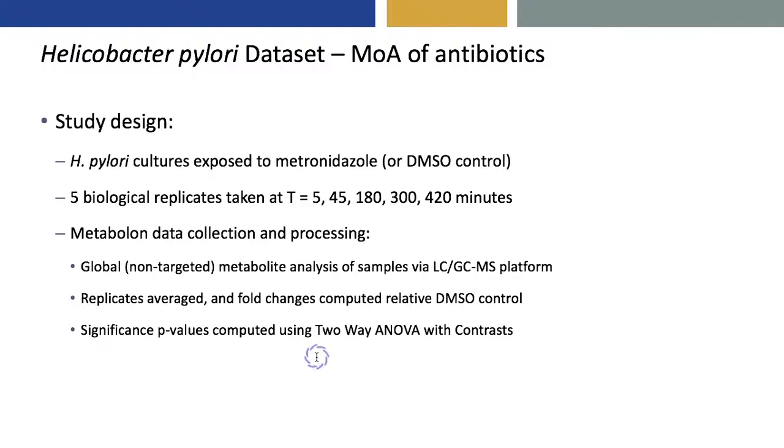And the metabolomics data collection and processing was performed at Metabolon, who performed global metabolite analysis via LC-GCMS. They averaged the replicates and computed the fold changes relative to the control, and they computed significance p-values using two-way ANOVA with contrasts.